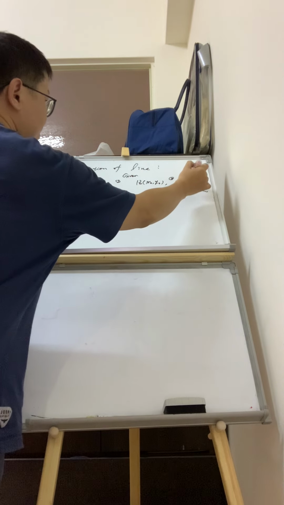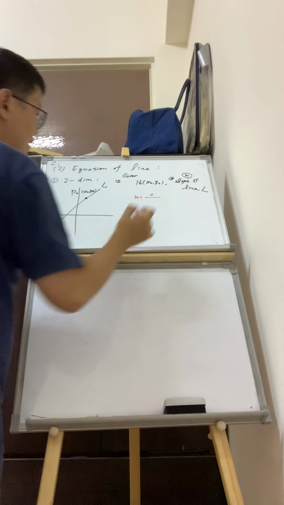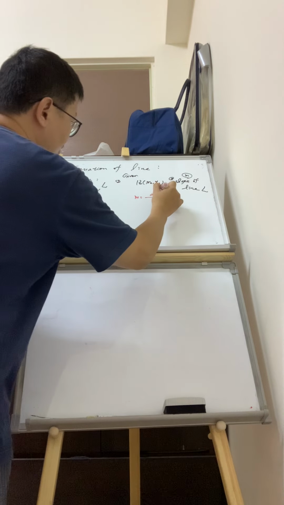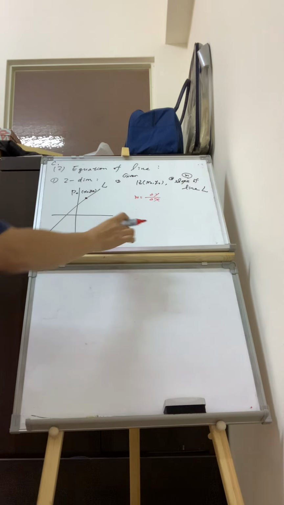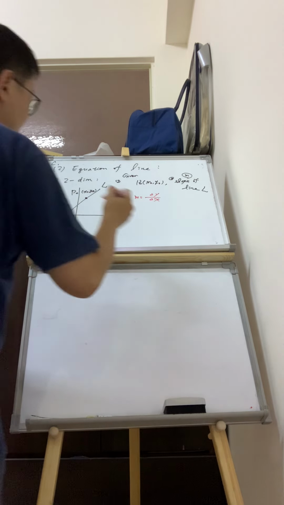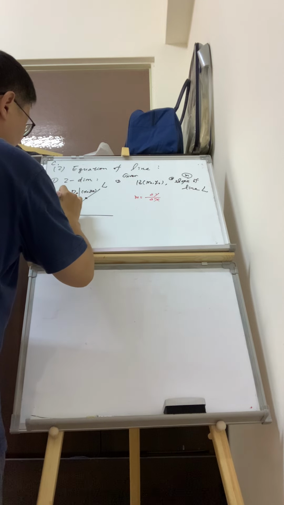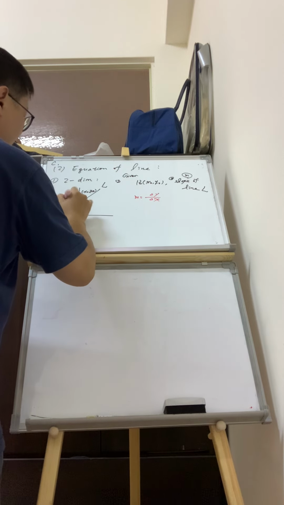Slope n means the change in y over the change in x, right? For any point, we denote it by P, x, y.